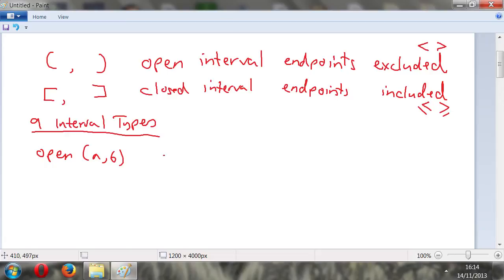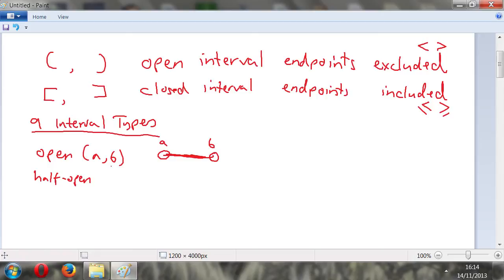So if we have a line like this, we're going to be excluding these points here, A and B. I am going to label them. Okay, so we can do half open.